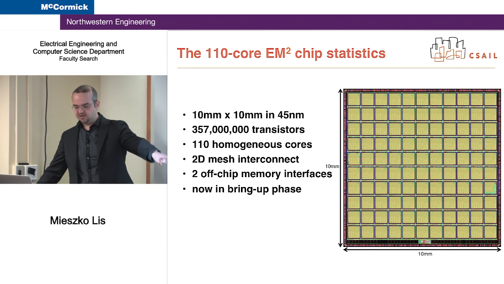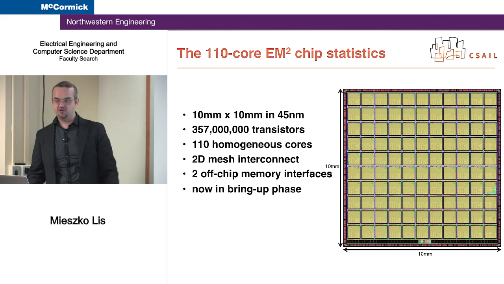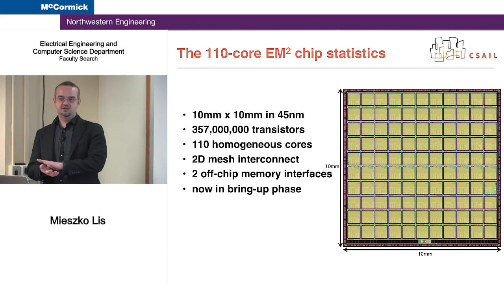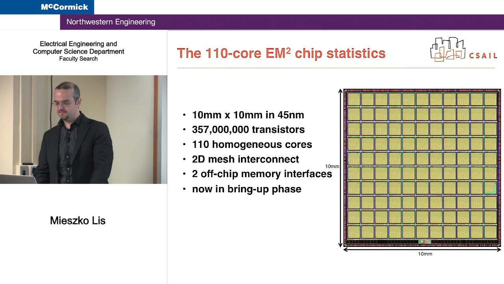It's laid out as a 2D mesh, and it has a 2D mesh interconnect, the standard network on chip router, a very simple thing, and it has 2 off-chip memory interfaces that are board off chip, and we're just bringing it up now. I literally got this board back and the packaged chips maybe 2 weeks back, and so I'm working on bringing this up.